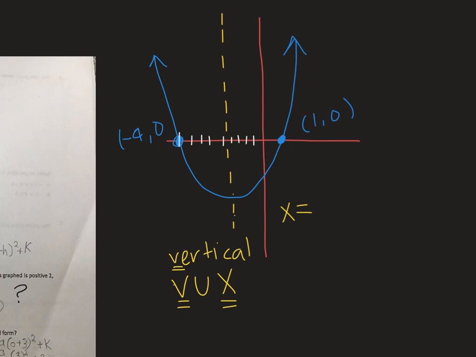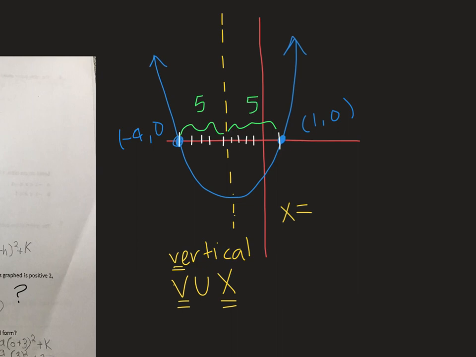All right, if we could count this, this would be a distance of 1, 2, 3, 4, 5, 6, 7, 8, 9, 10. Now that total distance is 10. So that means halfway would be where that line of symmetry is, and that's going to be 5. If this is 5, then this is also 5.